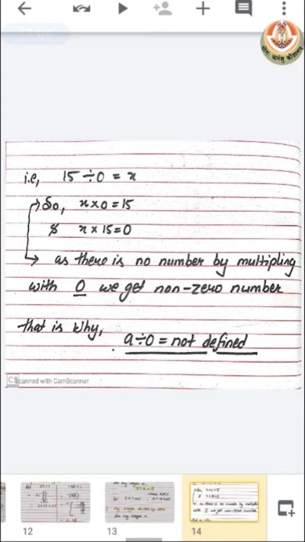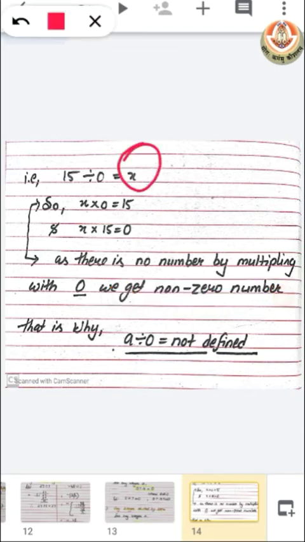So what we are trying to solve is what is the value of x. So we know that when 15 is divided by 0, we will have answer x.